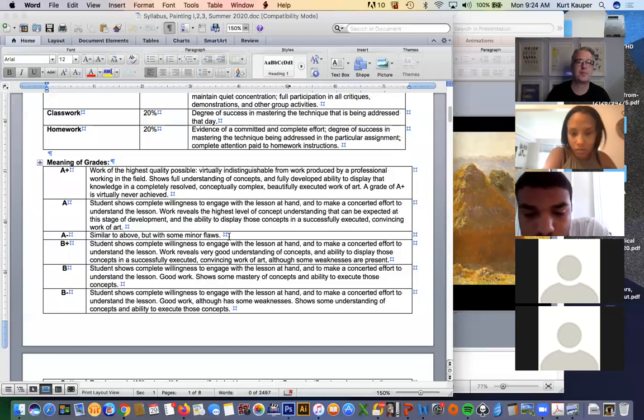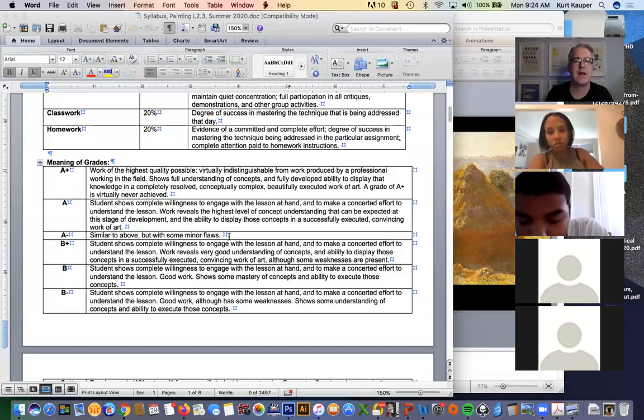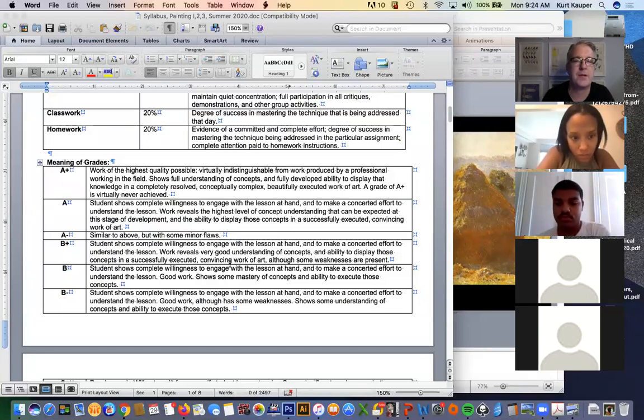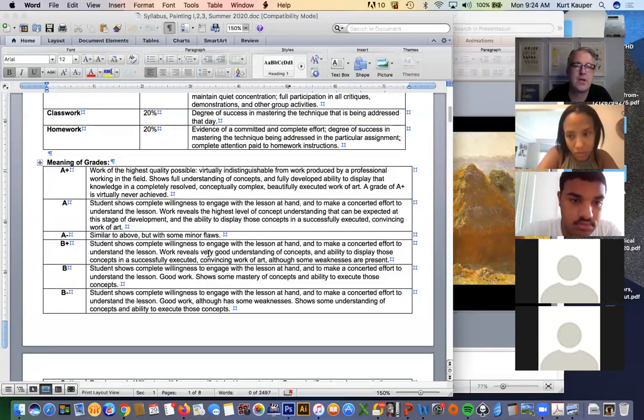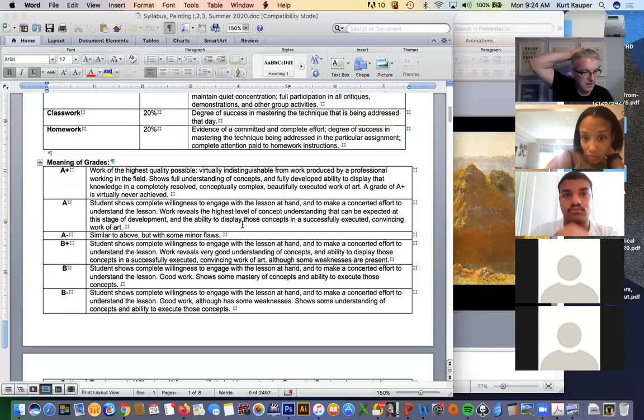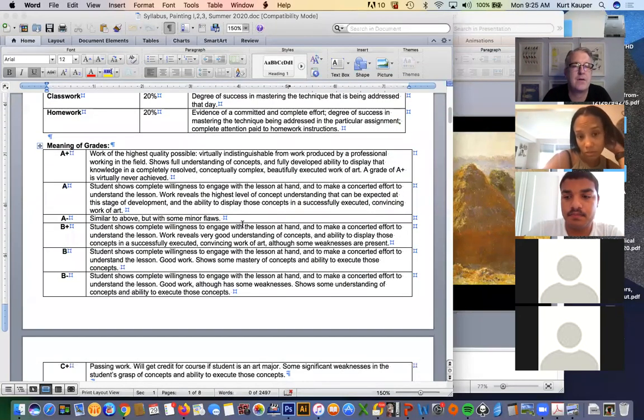Things do come into play, like, an A will be different from a B plus if both students work as hard as each other, but one student is able to make a painting that just in a completely convincing way demonstrates those techniques. That will probably lead to a grade that's higher than a student who doesn't quite reach that level.